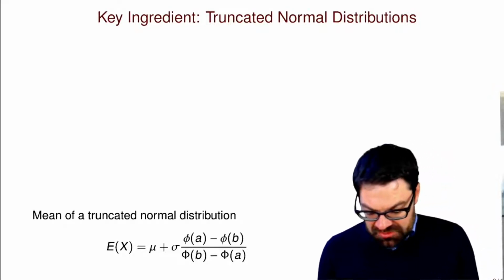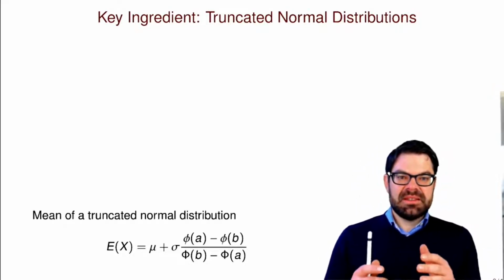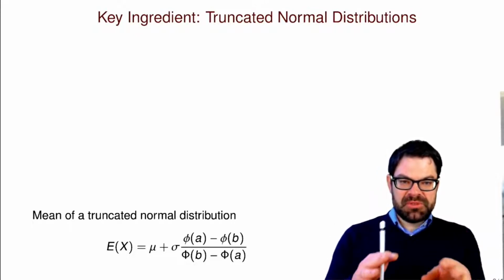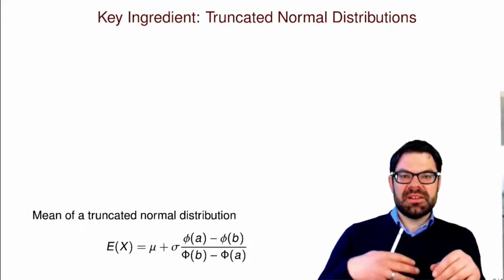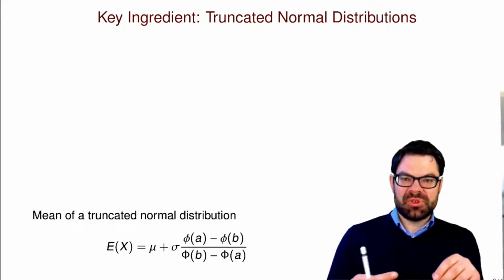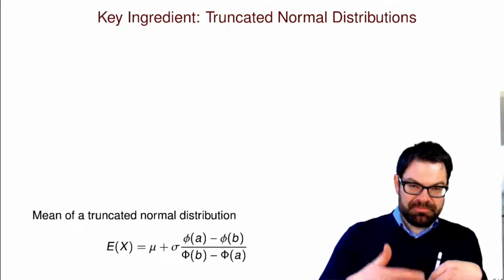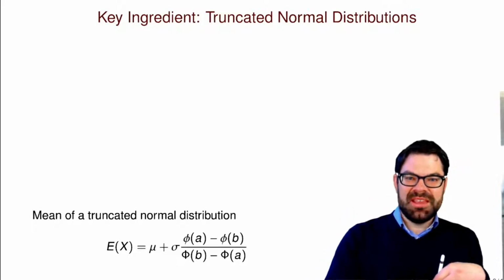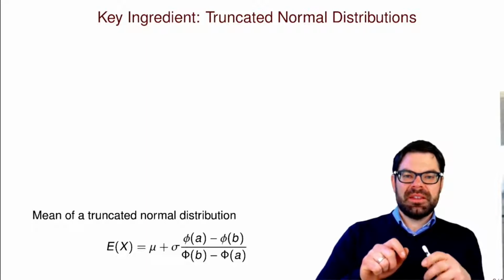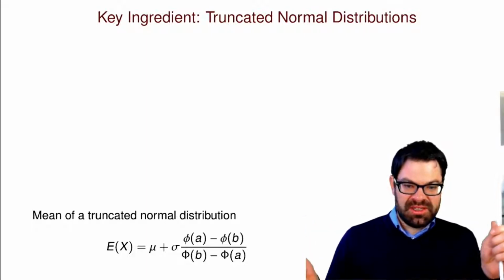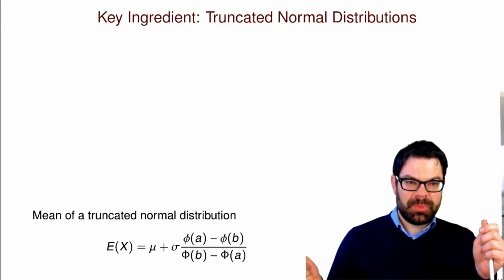The assumption that we're making is that these unobserved determinants, as well as the cost parameter, the cost of taking the treatment, are all normally distributed, and actually that they're jointly normally distributed.